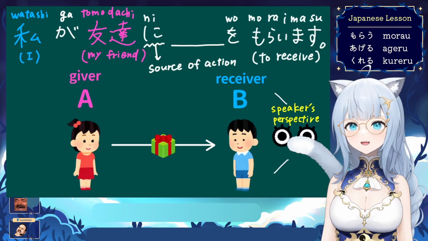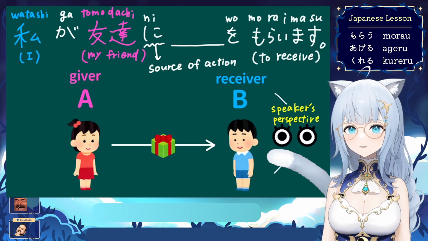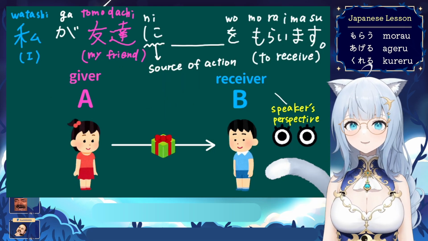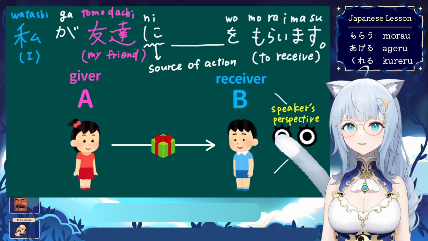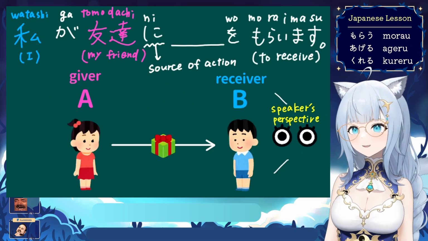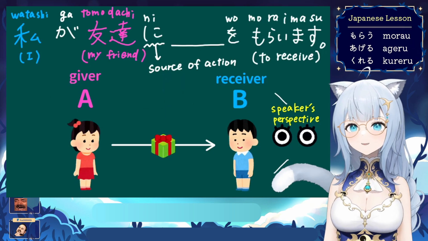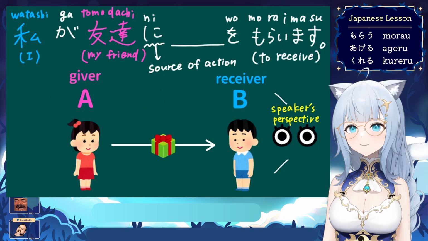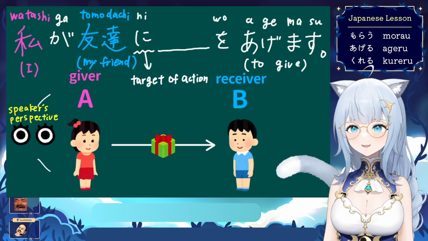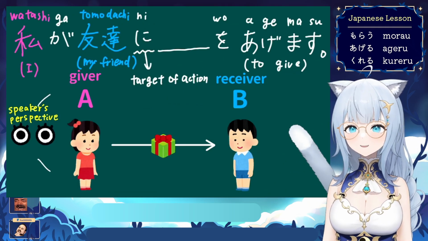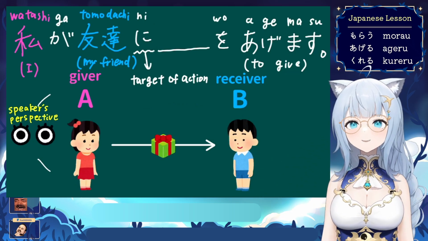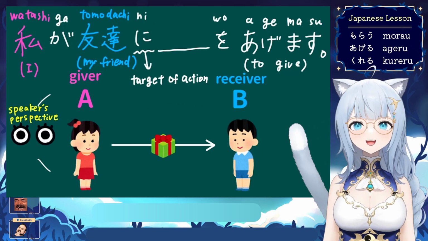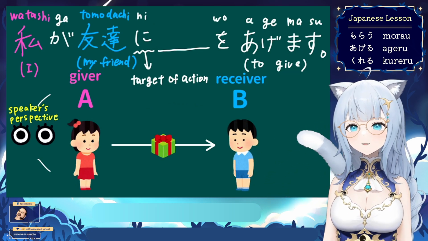私が友達に何々をもらいます。もらいます means to receive. The speaker's perspective is the receiver side, and the subject is also the receiver. So I receive something from my friend. あげます is the opposite. 私が友達に何々をあげます。I give something to my friend.